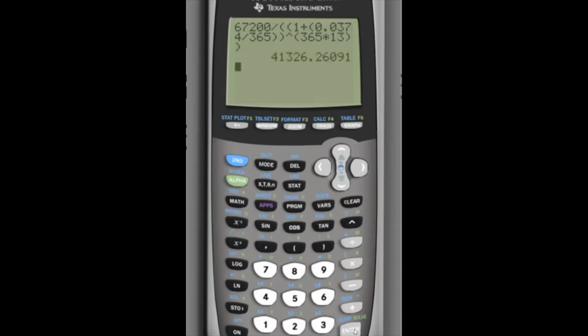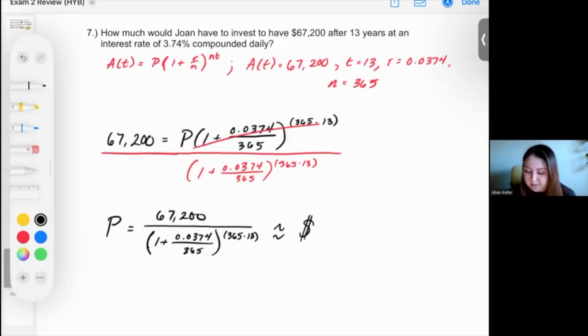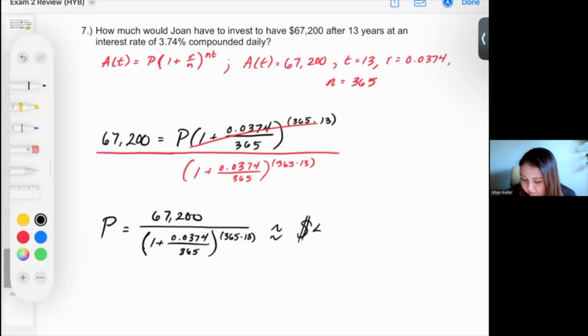So let's go ahead. And that's how much money would need to be invested in order to reach 67,200 in 13 years: $41,326.26. So let's go ahead and write that out in our notes. So from our calculators, $41,326.26.